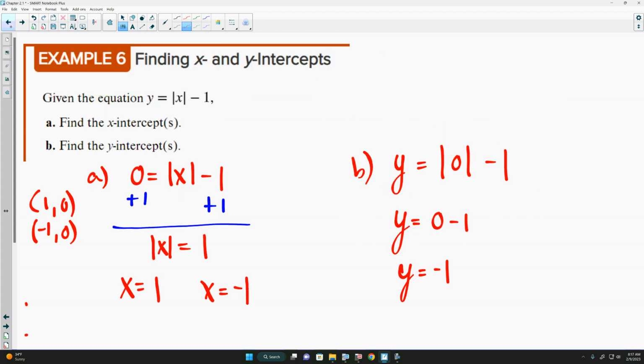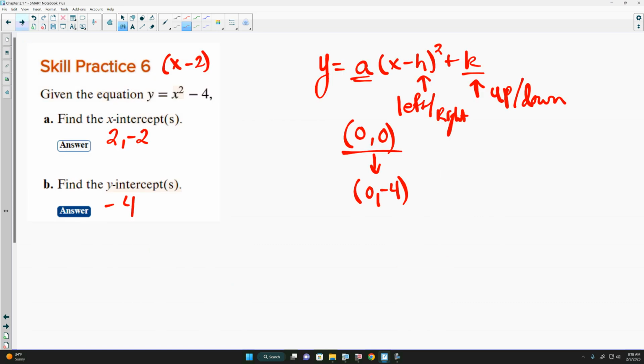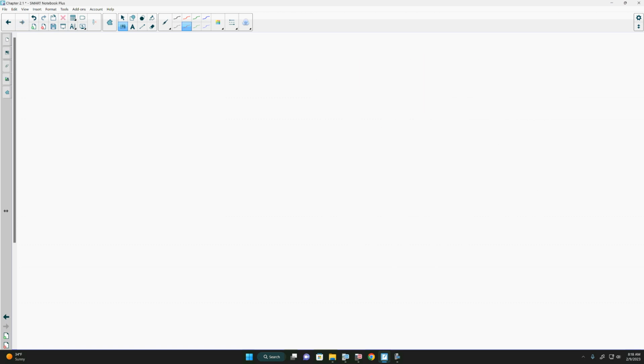If we look at the one before, absolute value of x minus 1, well, the origin for the absolute value, because it is a V shape, moved down 1, making it 0, -1. And our y-intercept was what? 0, -1. And we'll be looking at these movements and transformations of functions as we go along. But that's mainly it for this here. Any question on this here?